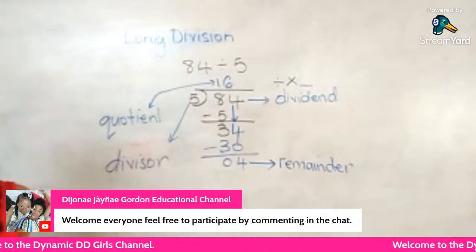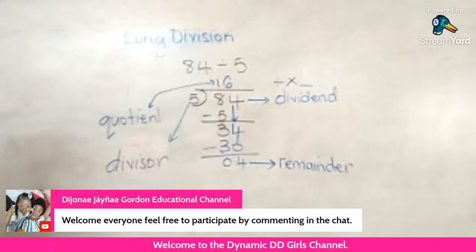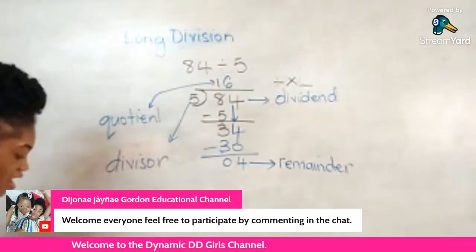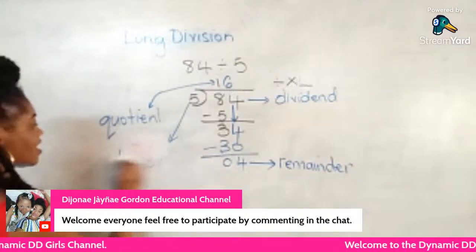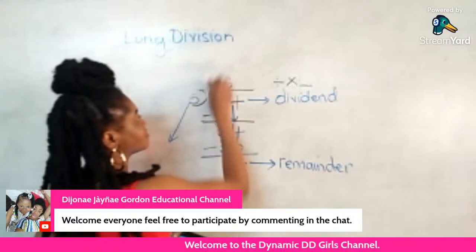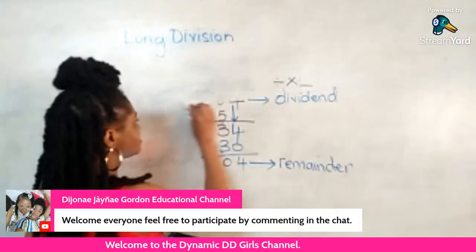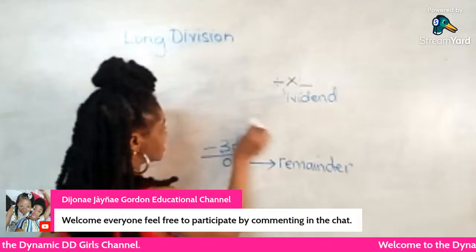All right, so we're gonna take our next division problem. All right, let's take another one. So I am erasing this one, and of course, we're gonna take a next division problem.